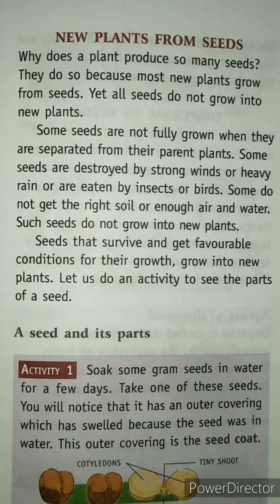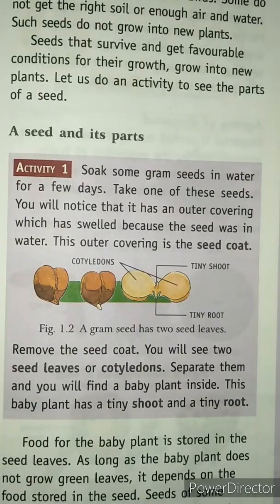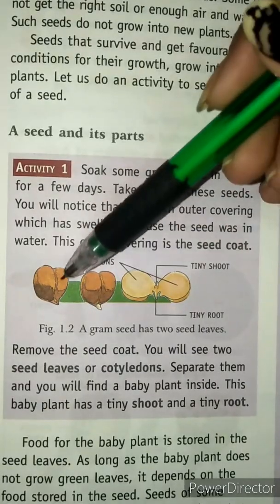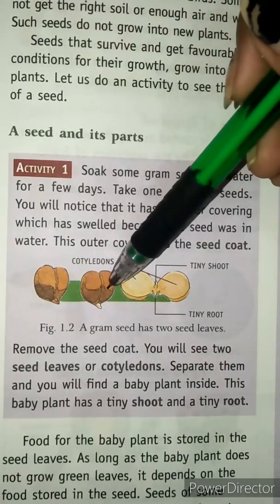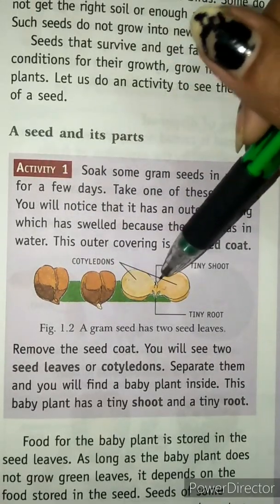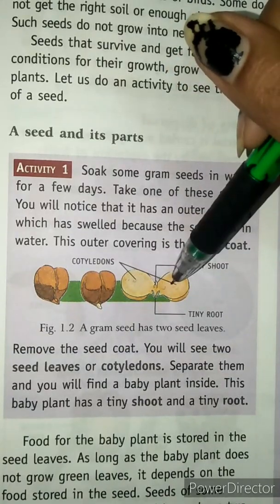And how can you find the right seed for your germination? So let's see. First of all, here some parts of seeds are there. Look at the seed carefully. Now it is split into two equal halves, and this part is known as cotyledons. Clear?